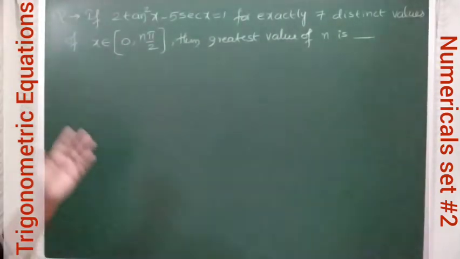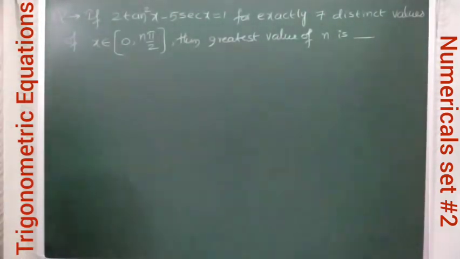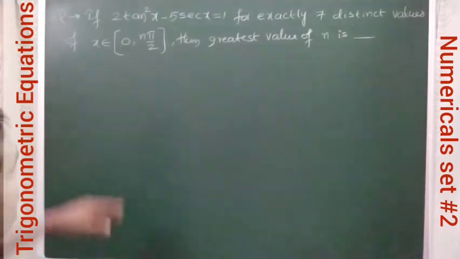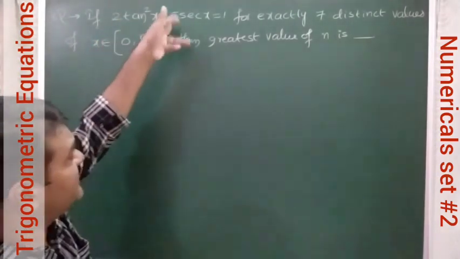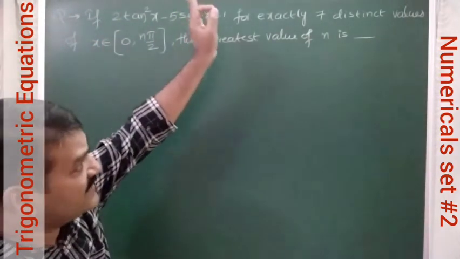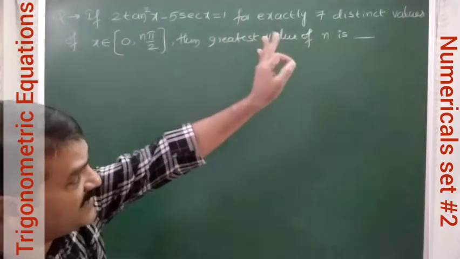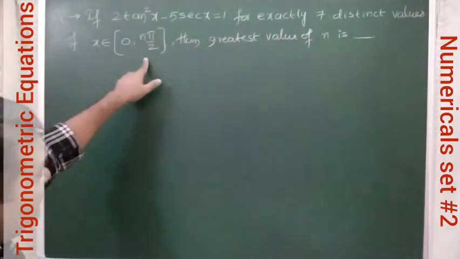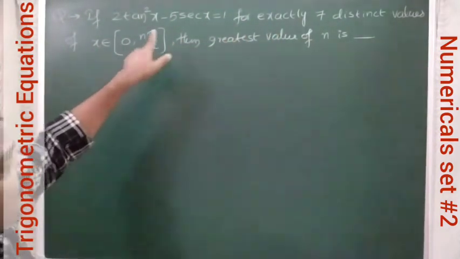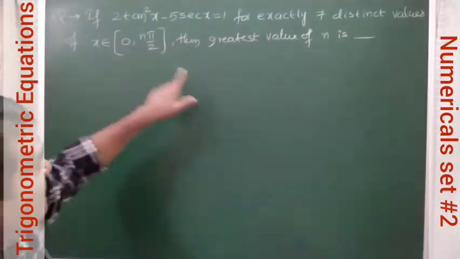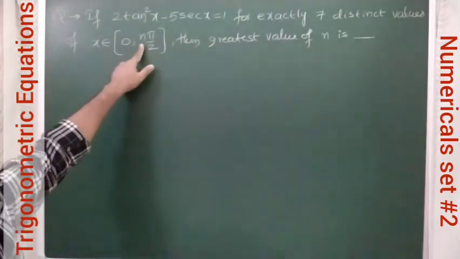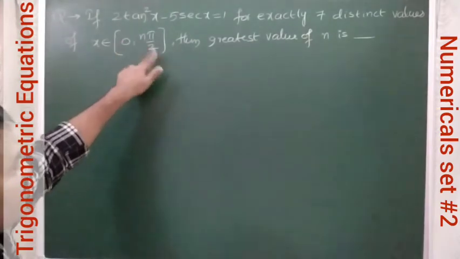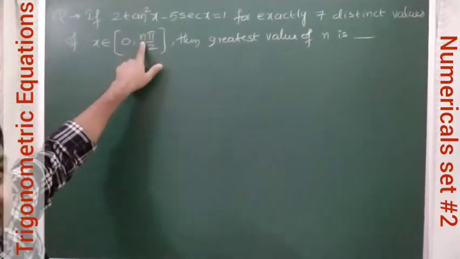Okay, so this is the next question. If 2 tan square x minus 5 secant x is equal to 1 has exactly 7 distinct values in this interval, the greatest value of n is, we have n here. So the complete interval is not mentioned here; we have some variable n.